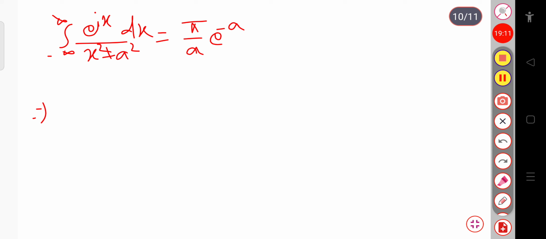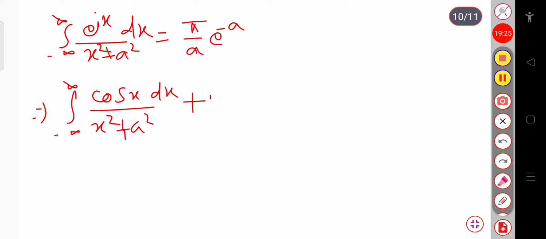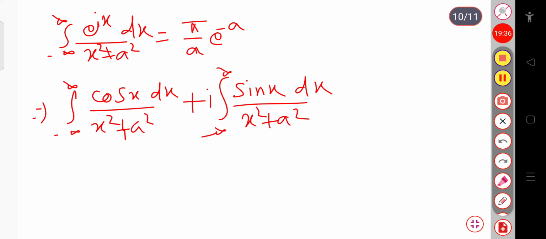So let me write first minus infinity to plus infinity cosine x dx divided by x square plus a square, and plus iota minus infinity to plus infinity sin x dx divided by x square plus a square. Here I have split the exponential ix term as cosine x plus i sin x. So that will be equal to pi by a times exponential minus a.